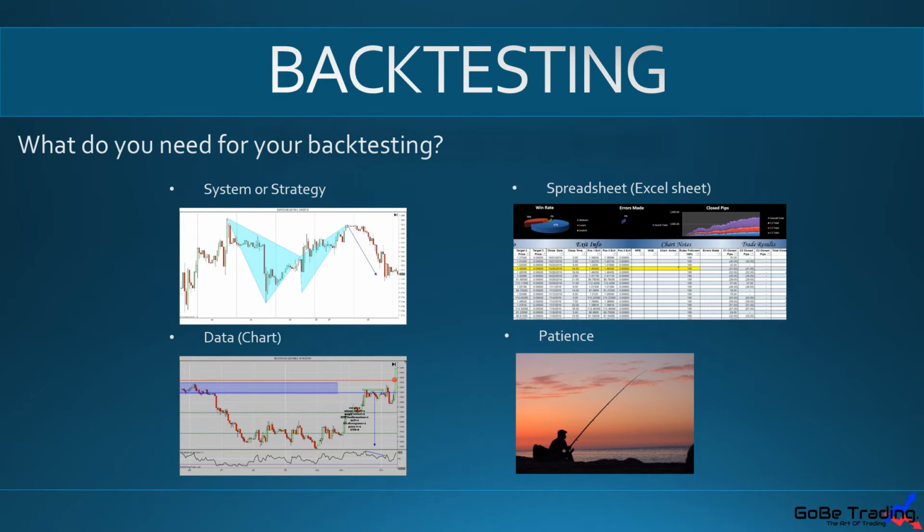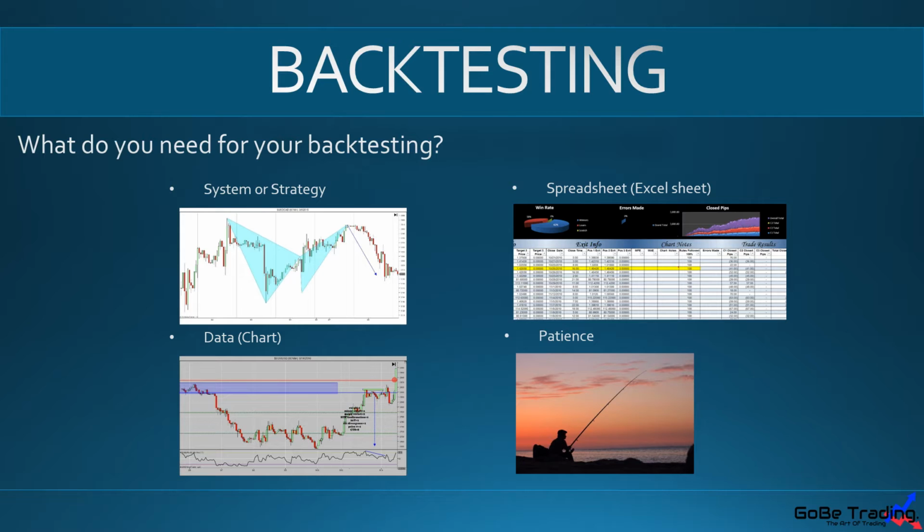And the last thing that you need, something really important, is patience. Now, I'm gonna make a stop right here. Why do I say that you need patience? Because back testing, in all the forms that you want to see it, is boring, real boring as hell. It's something so boring that you want to leave it in the middle of it. At the beginning of your back testing, you're gonna be all on fire. You have a lot of energy.